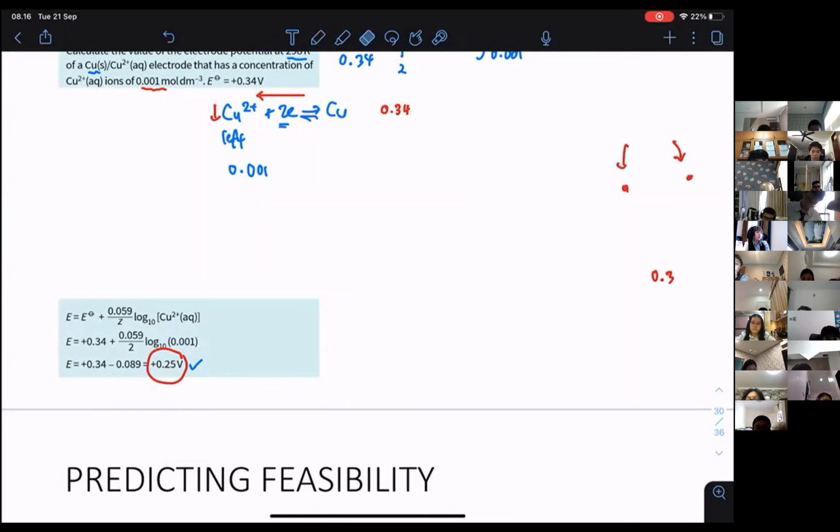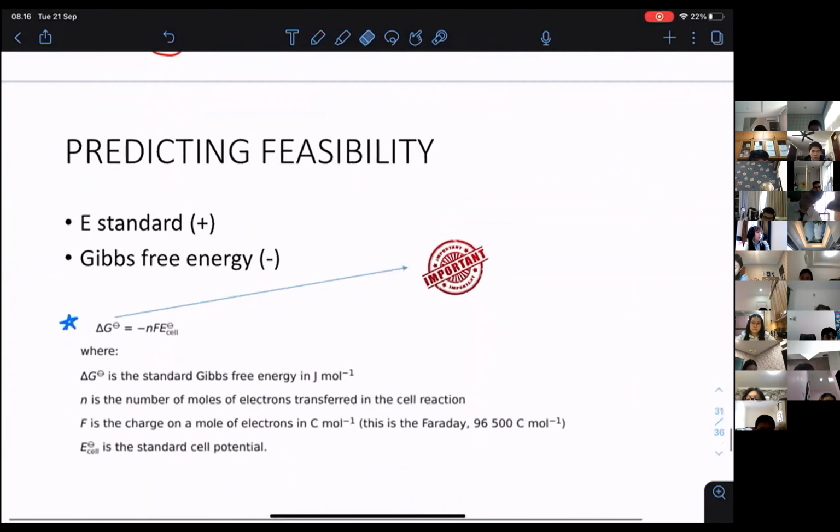Okay, when I say that the prediction will be valid or not valid, we are predicting feasibility. It might be confusing, but we have learned about feasibility, whether the reaction can happen or not, whether the reaction is spontaneous or not.